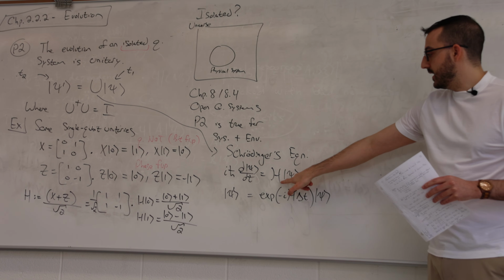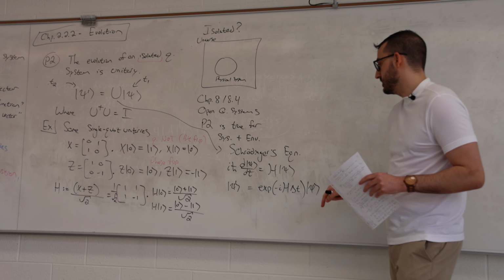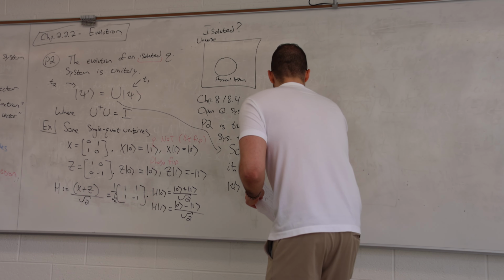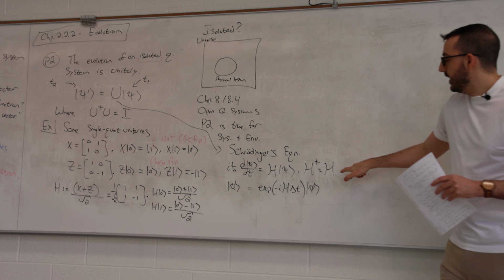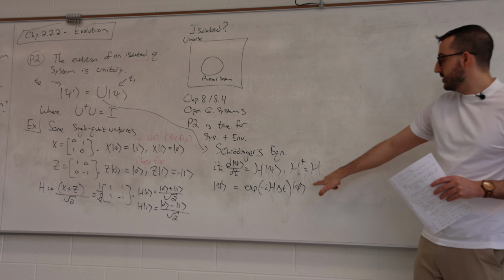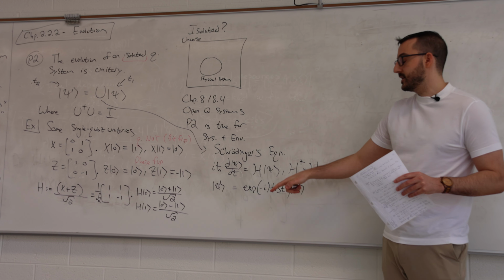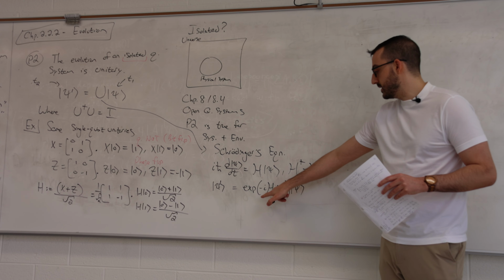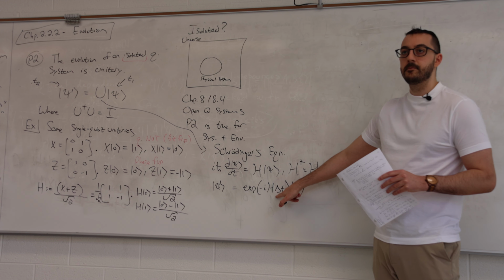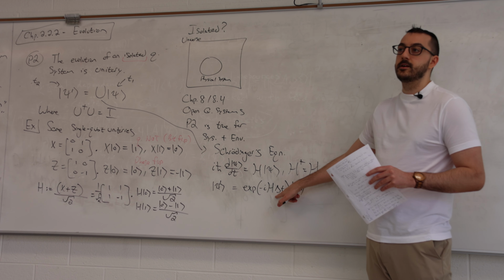The Hamiltonian operator H is Hermitian, so H dagger is equal to H. And because of this, you can actually show, and I might ask you to on a homework, that the exponential of a Hermitian operator that you see in this form, minus i H delta t, is actually a unitary operator.